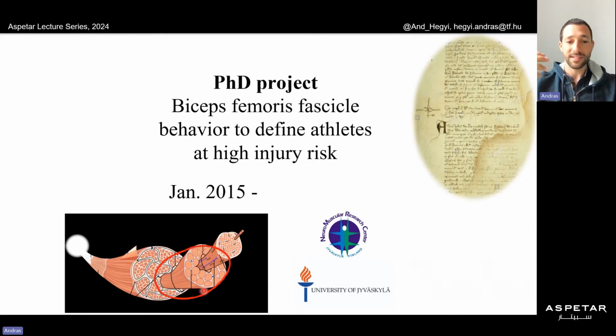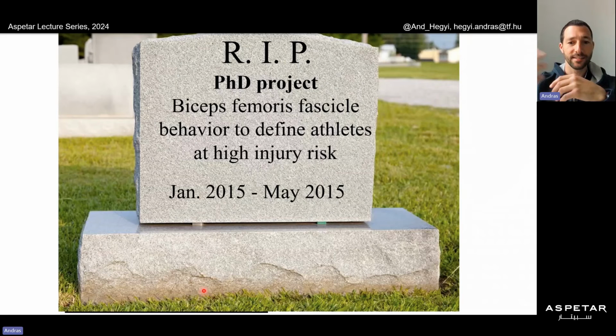And there are many studies on other muscles using ultrasonography to track fascicle behavior. So the idea was, if we know how the fascicles behave, we can define who is at high risk of hamstring injuries. So this is how my PhD started, and this is how it ended in approximately 4 months of practice in the lab.